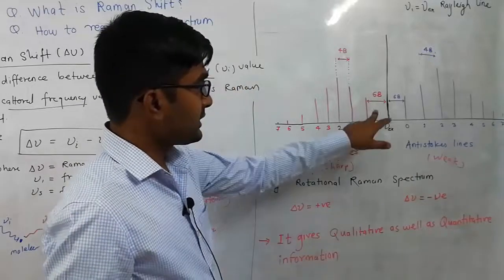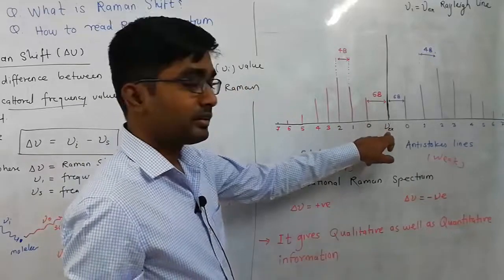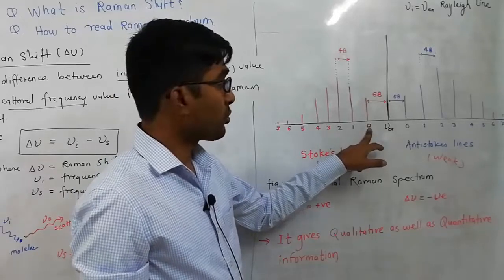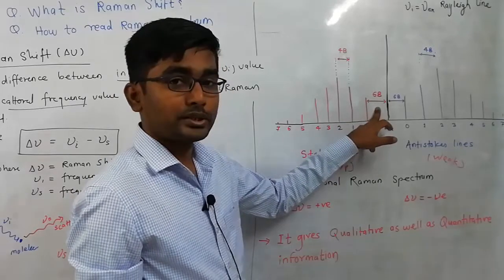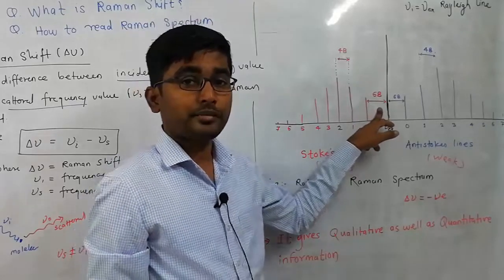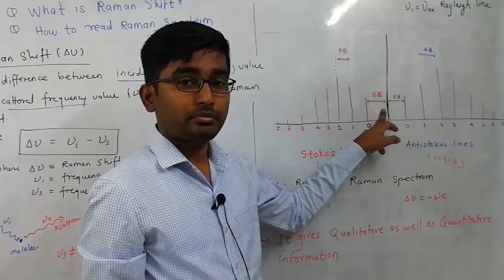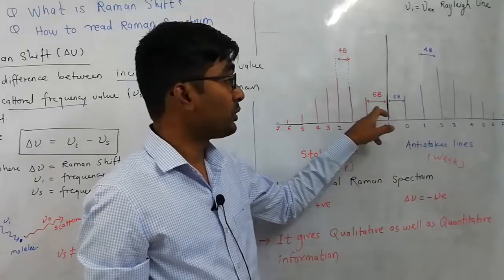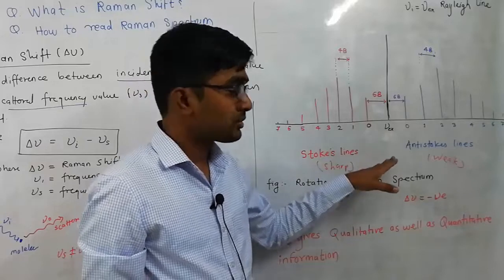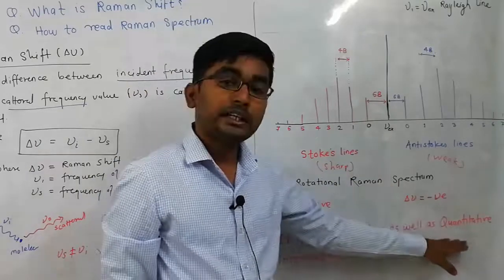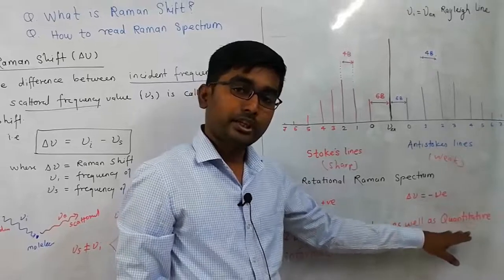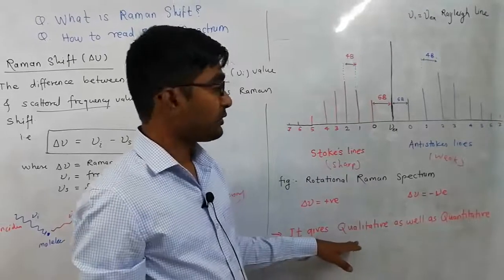The distance between the excitation frequency and the first Stokes line provides the value of the rotational constant, and from the rotational constant we can calculate the moment of inertia as well as the exact bond length of the molecule. Hence rotational Raman spectra give us quantitative as well as qualitative information about the molecule.